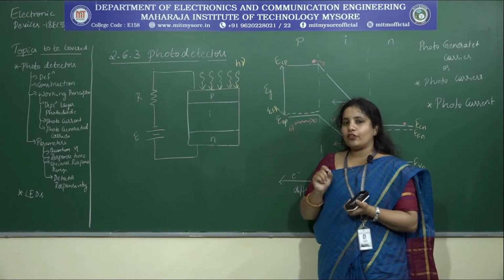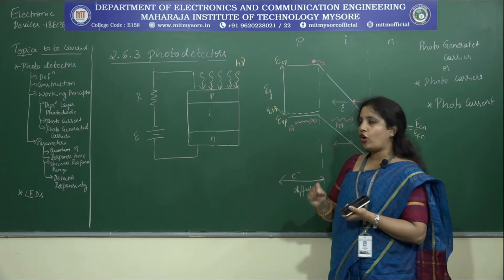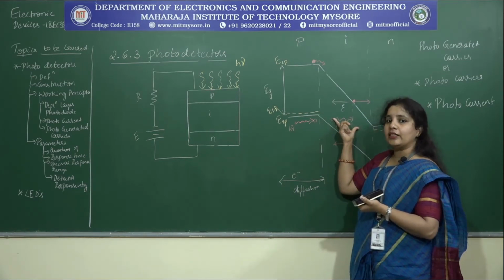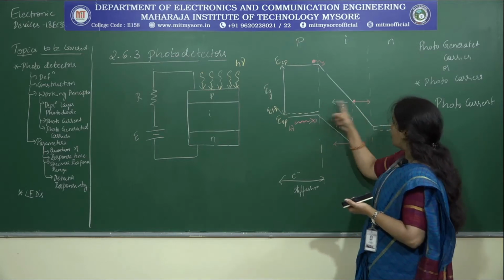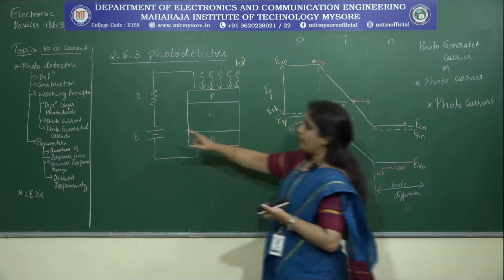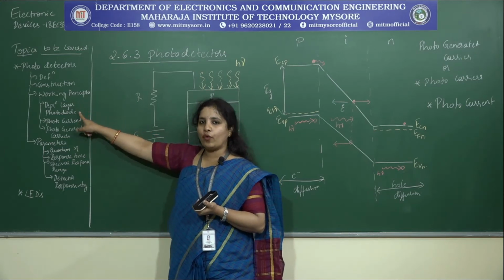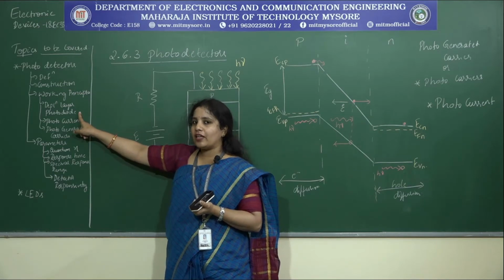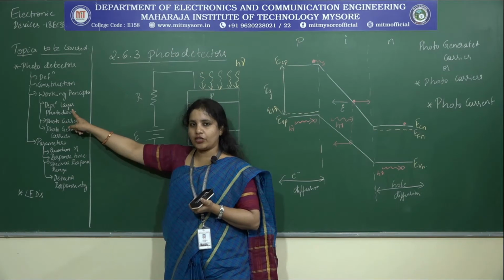Now, if that photo current is primarily because of the photo carriers generated in the depletion region, then such a device is what we refer to as a depletion layer photodiode, because the charge carriers are primarily because of the reaction that takes place in the depletion layer.